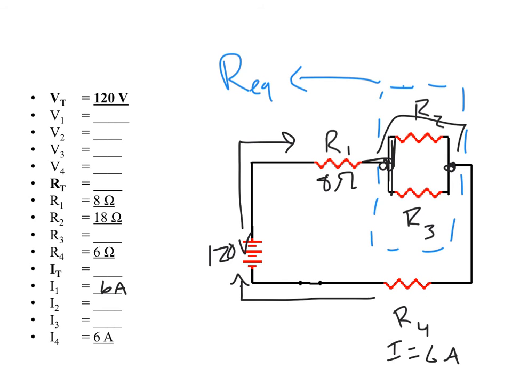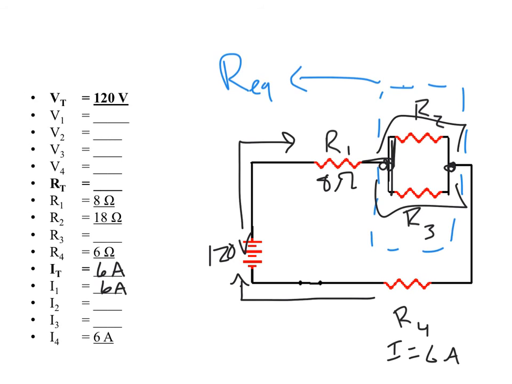So some of it goes this way, some of it goes that way, but the total there has to be 6. So I2 plus I3 has to equal 6. And my total current is 6 because that's the current of the battery.